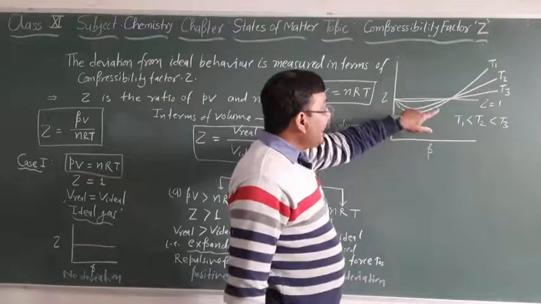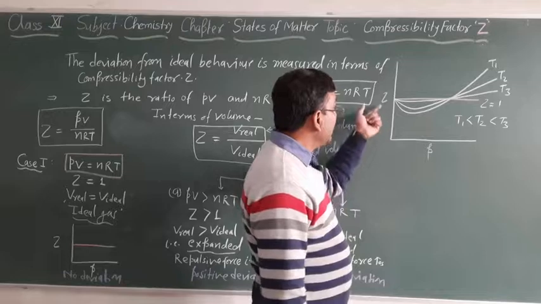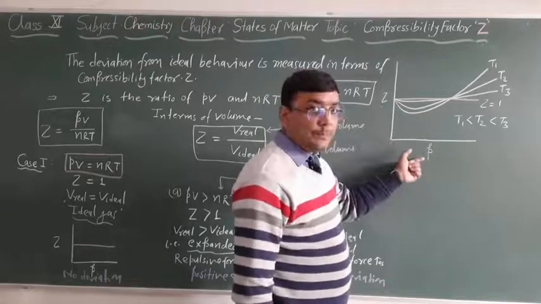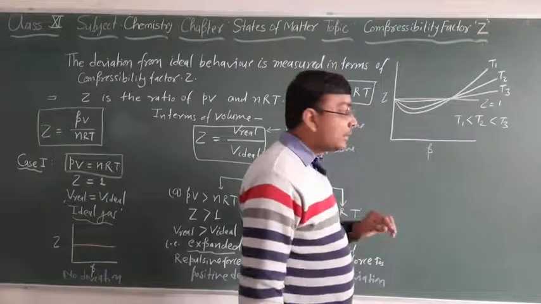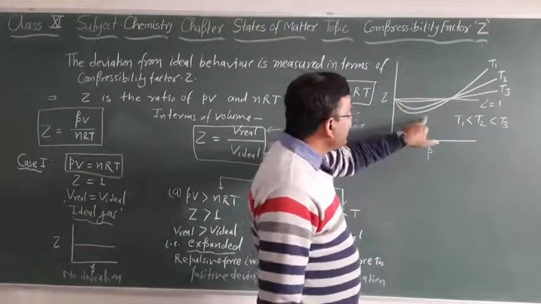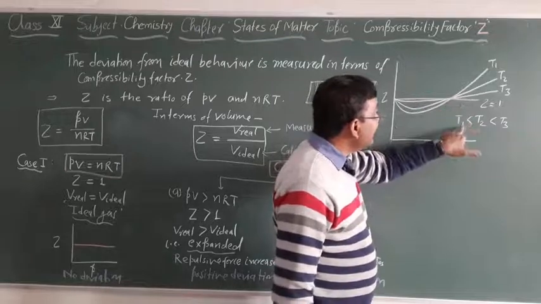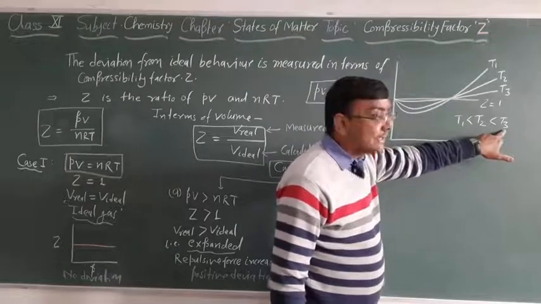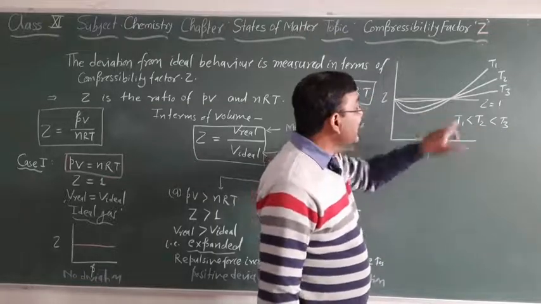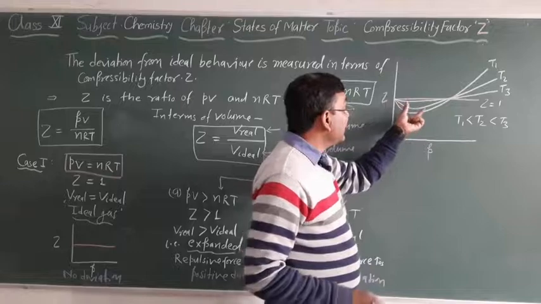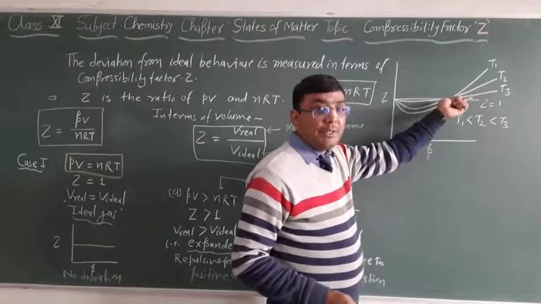So when we draw a graph of Z versus P at different temperatures, we observe that T3 is greater than T2, and T2 is greater than T1. On increasing temperature, the gas gets closer to its ideal behavior.